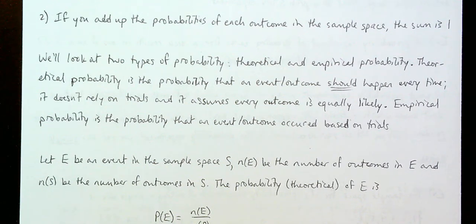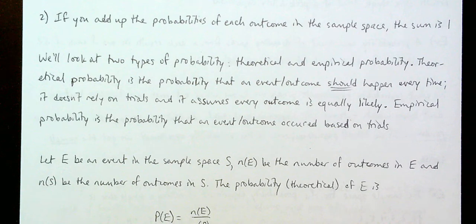Theoretical probability does not rely on trials, and it assumes that every outcome is equally likely. So this is without, say, flipping any coins, or rolling any die, or taking any cards from a standard 52 card deck. Theoretical probability is saying, okay, by doing a basic calculation that we'll see very shortly, what are the chances that this thing happens?